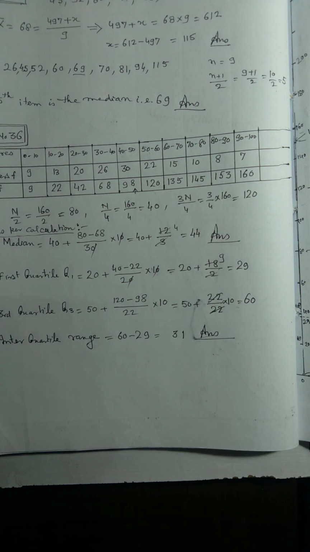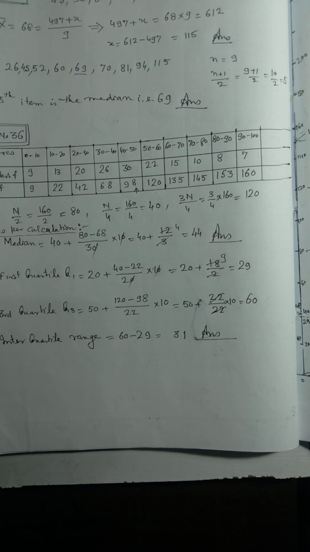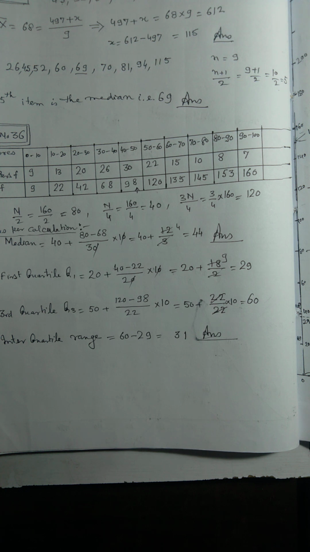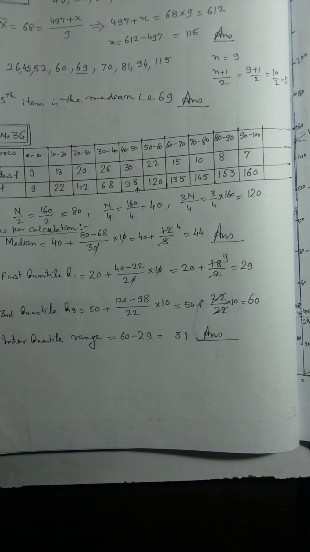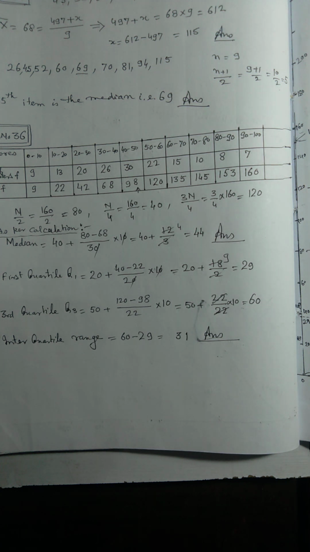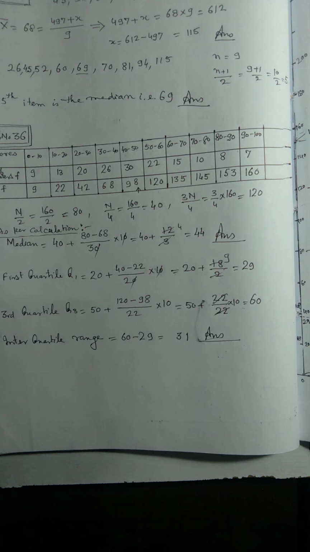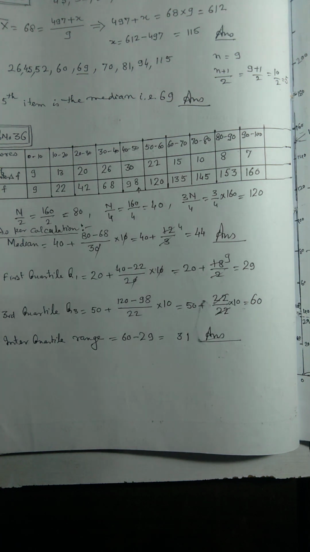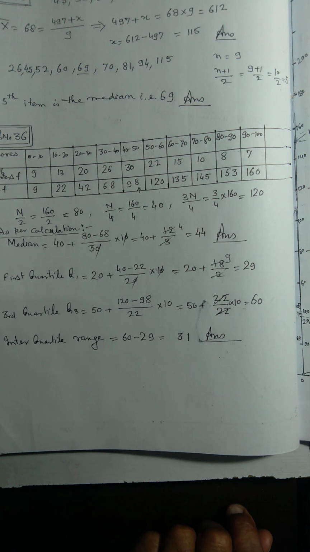Now come to question number 36. The table shows the distribution of the scores obtained by 160 shooters in a shooting competition. Use a graph sheet and draw an ogive for the distribution. Take 2 cm equal to 10 scores on the x-axis and 2 cm equal to 20 shooters on the y-axis.